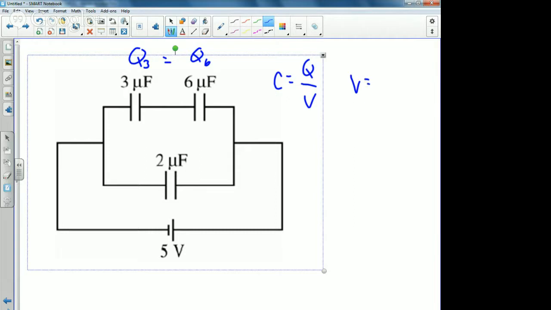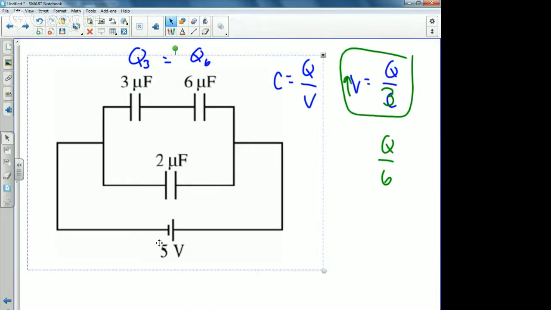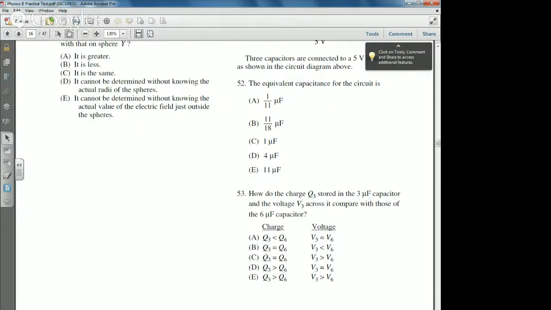So V is equal to Q over C. So if I take the same charge, Q divided by 3 versus Q divided by 6, you can see that this one has the larger voltage. So the answer to this one would be choice C.